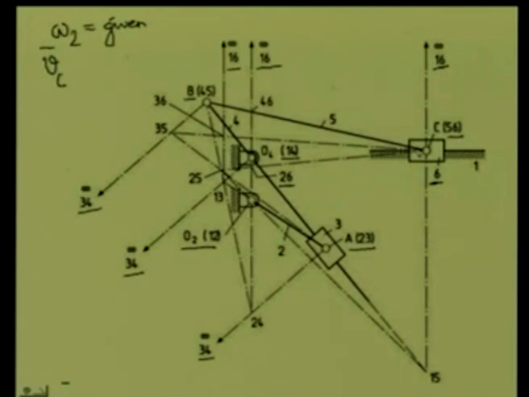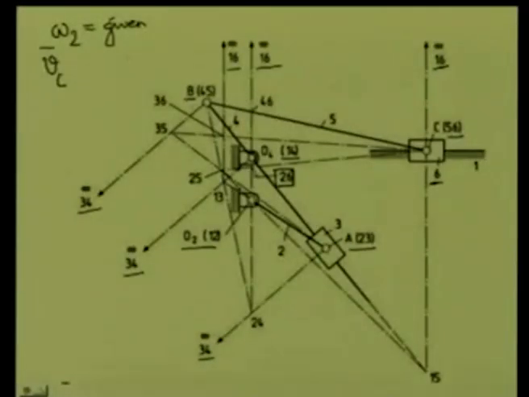Now to determine this, we argue it out as follows. Let us consider this relative instantaneous center 2 6, which is lying here. Now by definition, the velocity of this point, if I consider it to be a point on body 2 or if I consider it to be a point on body 6, must be the same. That is the definition of relative instantaneous center 2 6.